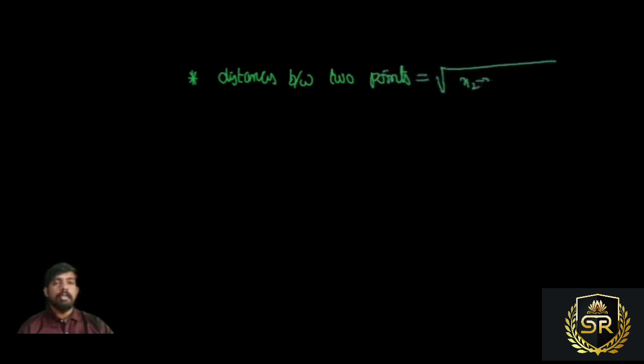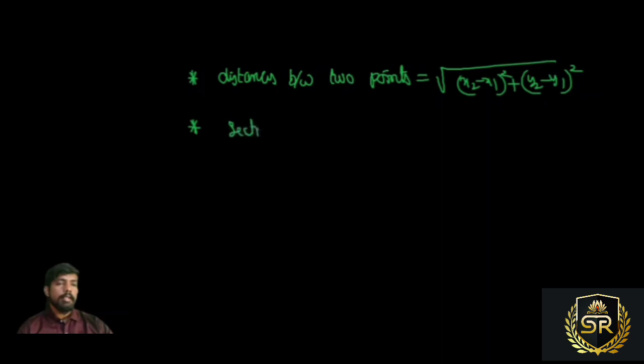In this chapter, what we discussed first: distance between the 2 points. The formula is root over x2 minus x1 whole square plus y2 minus y1 whole square. Next, midpoint and section formula.